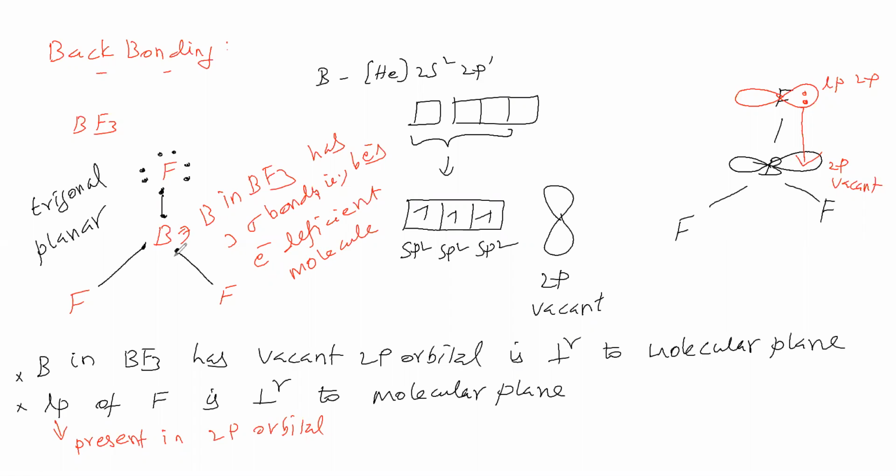In order to nullify the electron deficiency, this boron goes for dative bonding. Because of this dative bonding, the electron deficiency of boron is reduced to some extent. Therefore, in BF3, back bonding is there in order to nullify the electron deficiency of boron.